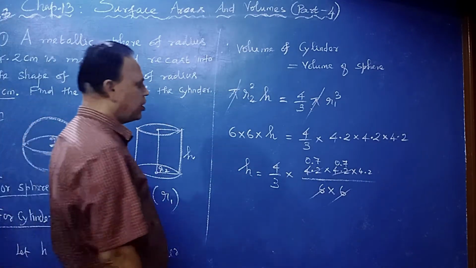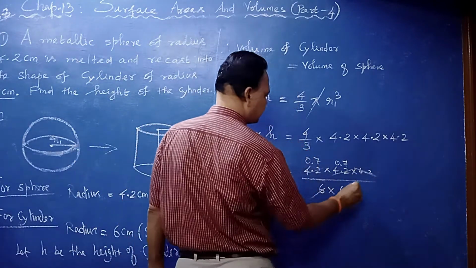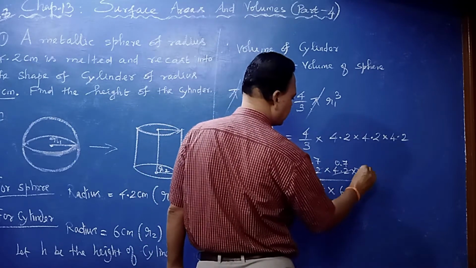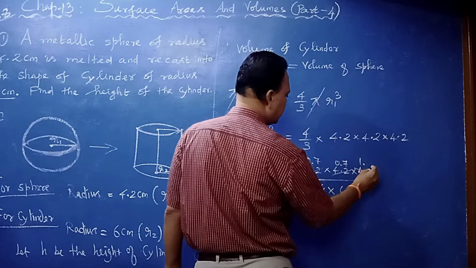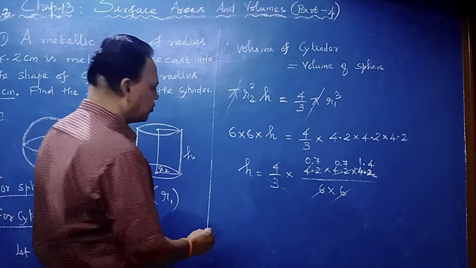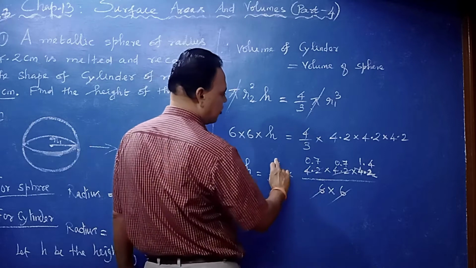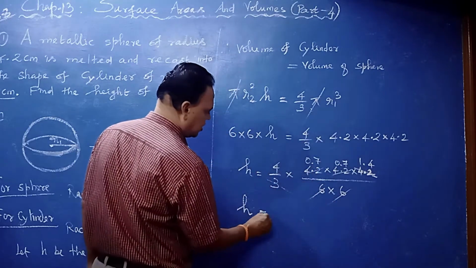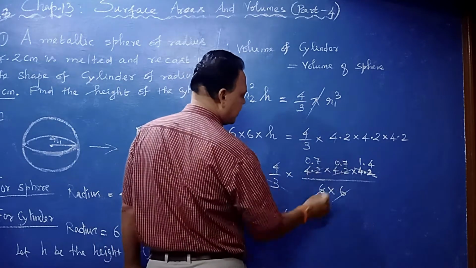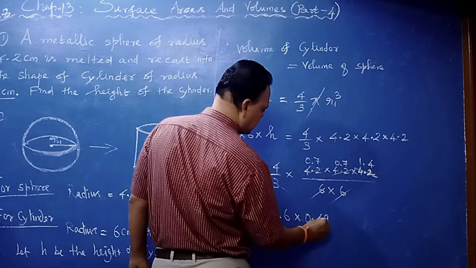Now cut the 3 table: 4.2 by 3 is 1.4. Now multiply everything. Here 4 into 1.4 is 5.6, into 0.7 into 0.7, which is 0.49.